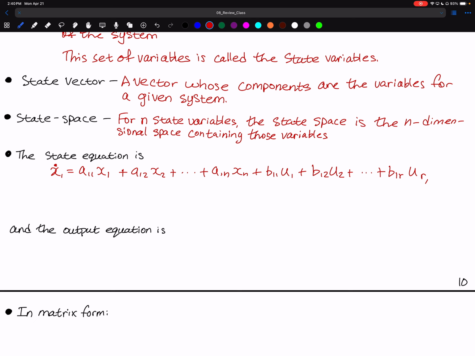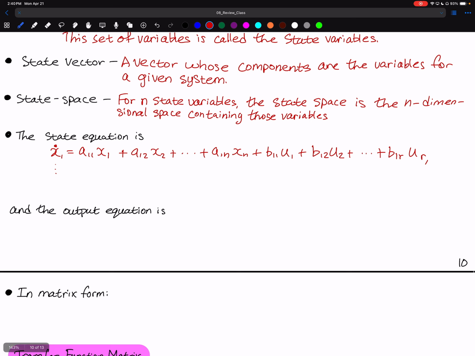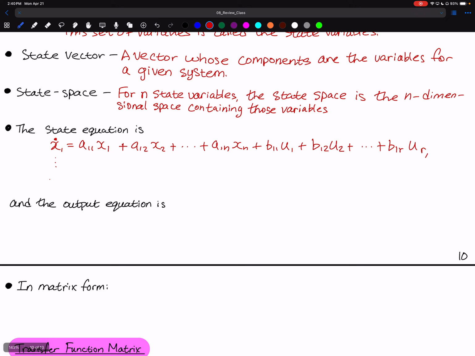Then dot dot dot all the way up to xn dot is equal to an1 x1 plus an2 x2 plus dot dot dot plus ann xn plus bn1 u1 plus bn2 u2 plus dot dot dot plus bnr ur.